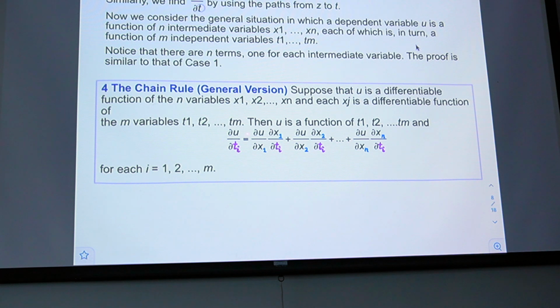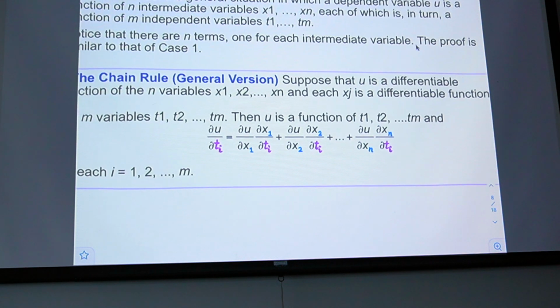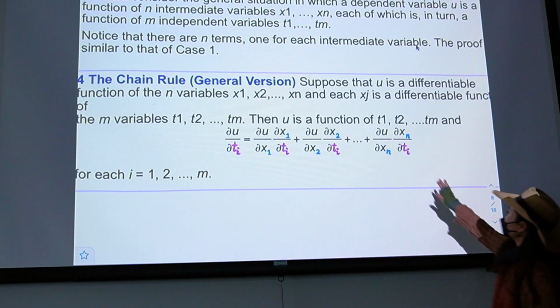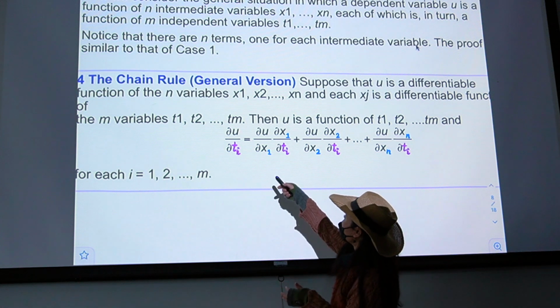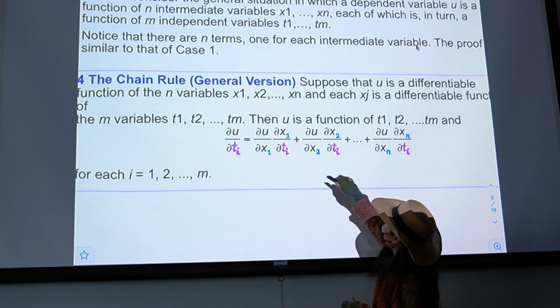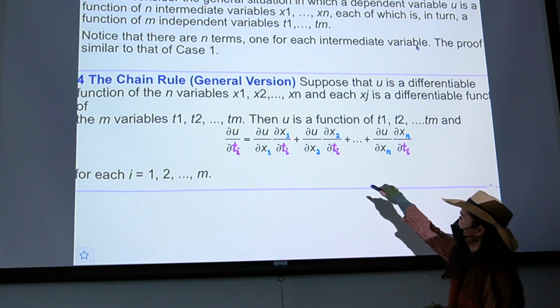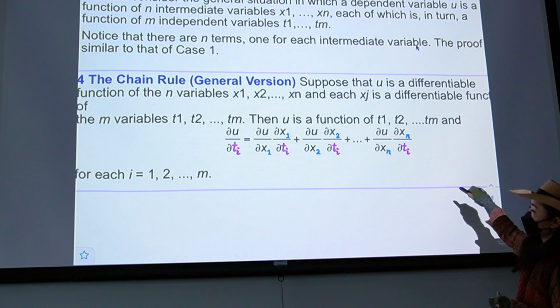When you try to calculate the partial derivative of u with respect to one of them, say ti, then how do I write that? Well, remember, we're trying to find the partial derivative with respect to ti.